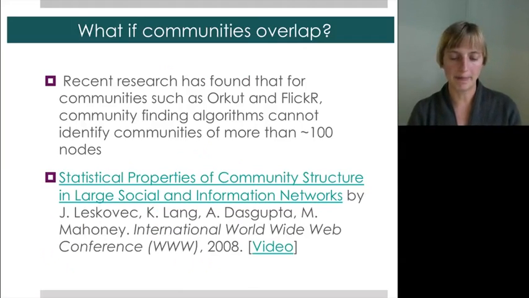One thing that I haven't mentioned explicitly so far is that for the algorithms I've mentioned, we're really partitioning the network. We can't have one node be a member of two different communities. However, in a real-world network, this is hardly the case, right?